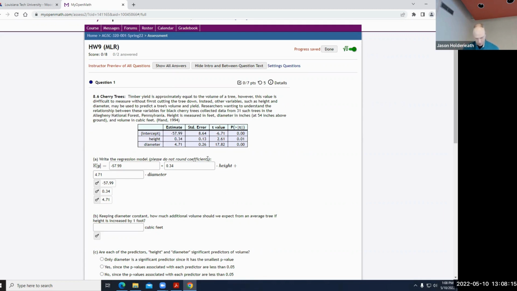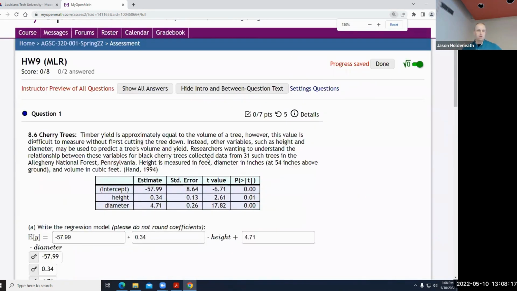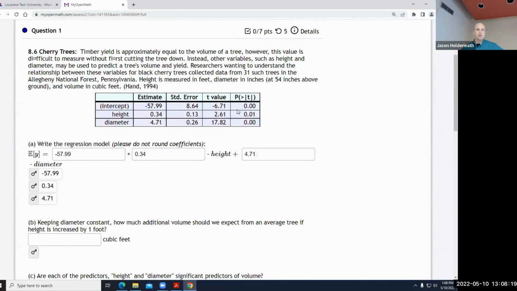Here I know what I need to do. Here's our height coefficient. What do we think? If we increase height by 1 foot, what's going to happen to our volume?